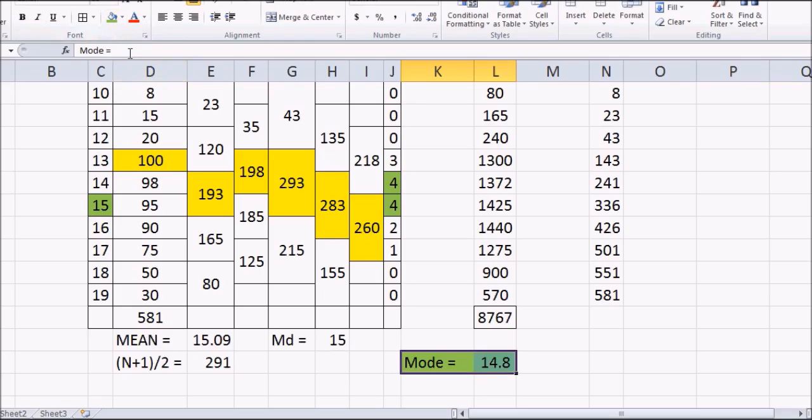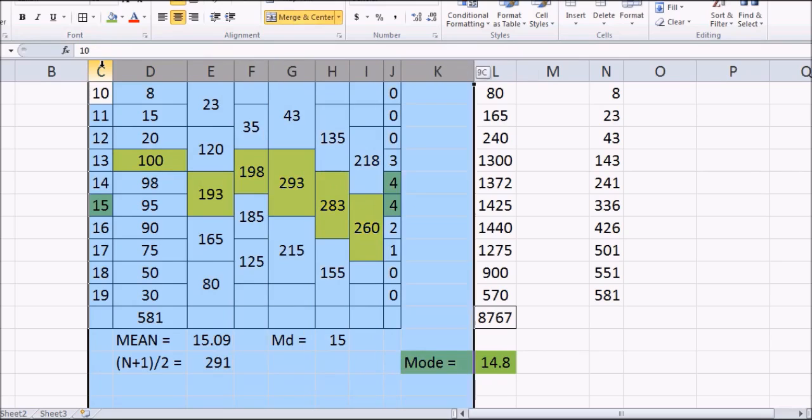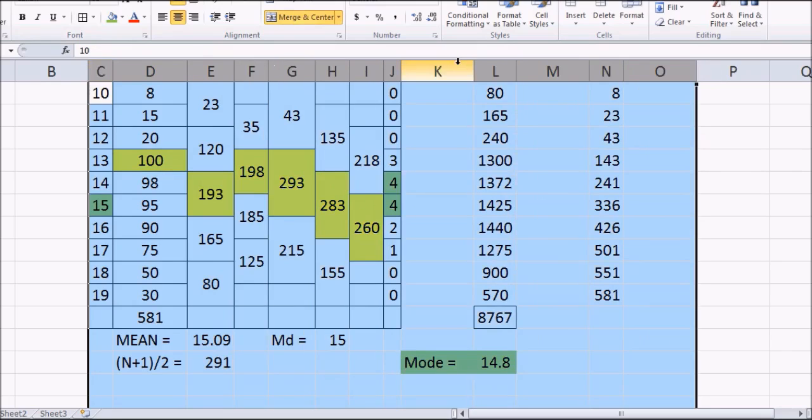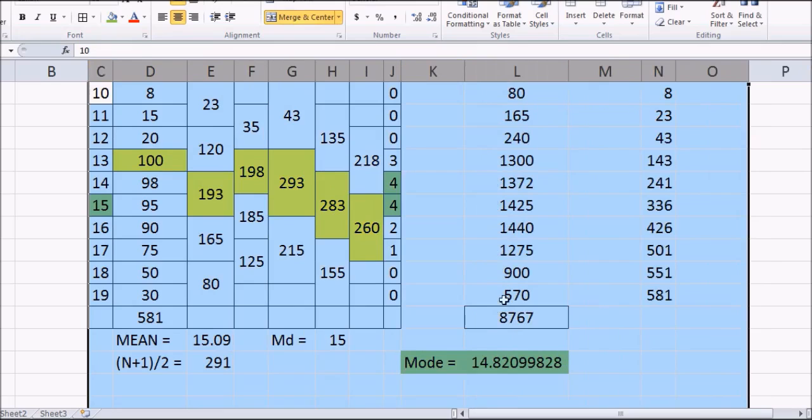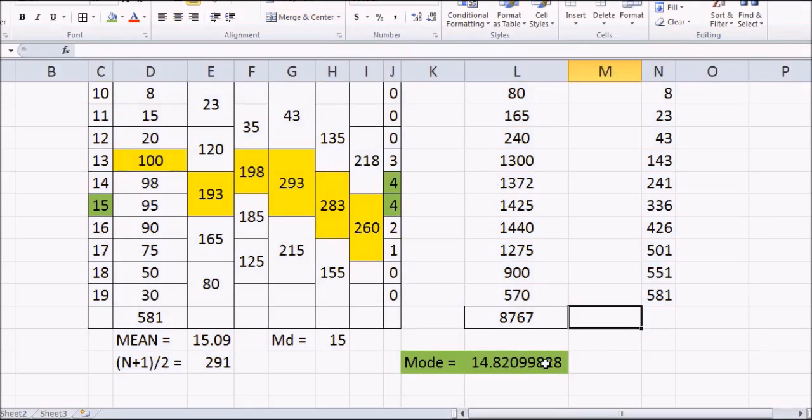Okay, quite lengthy. In fact, you got to revise your mean and median as well in this case. So this is the way to go about it in case the mode happens to be ill-defined. Well, so that was the thing.